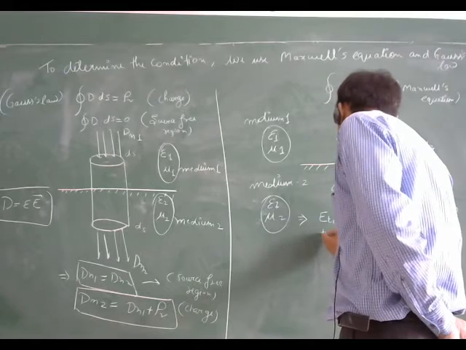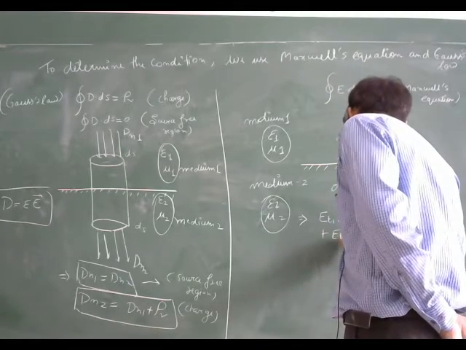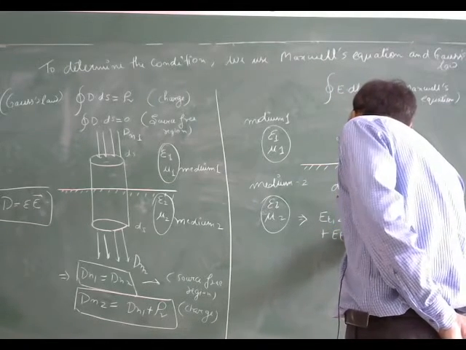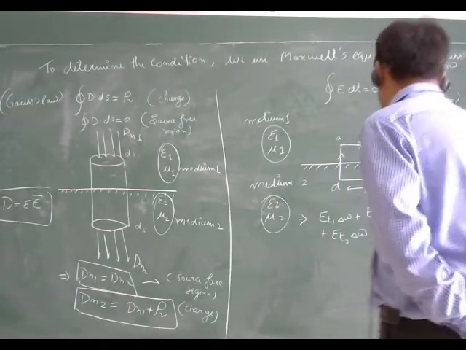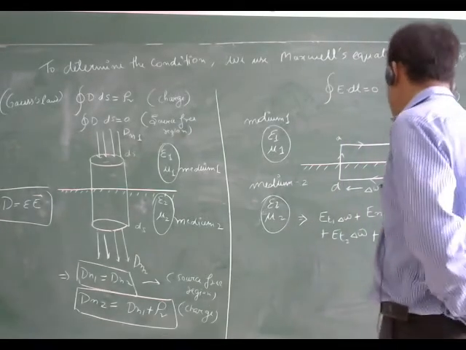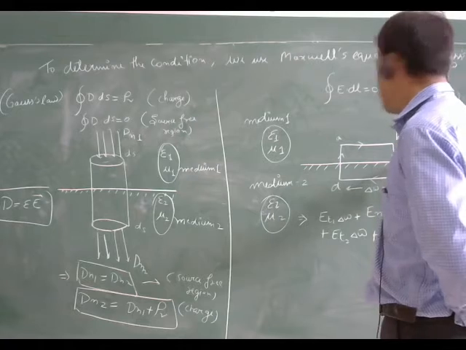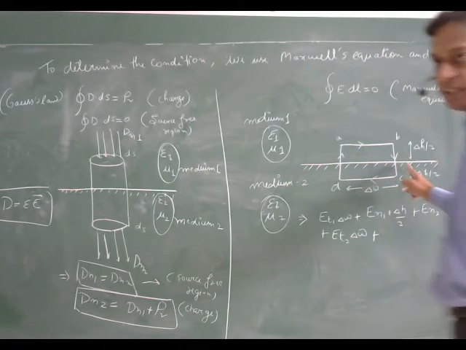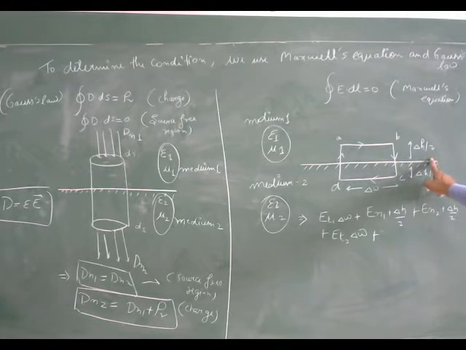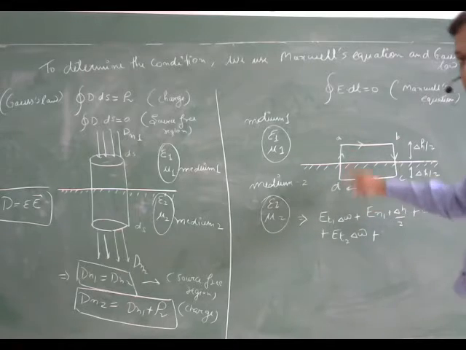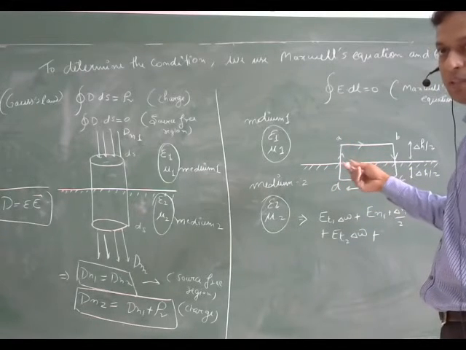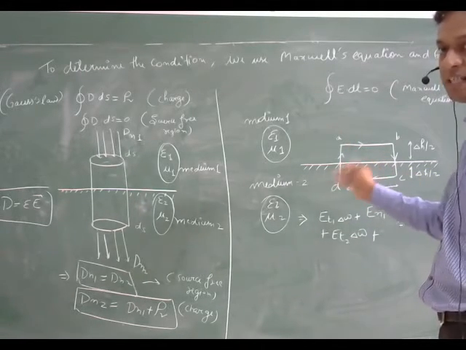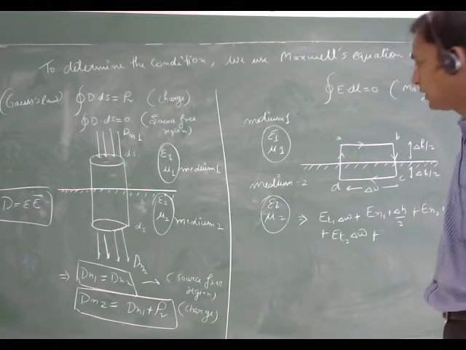So this will add Et2 del w plus, now this is opposite to the direction of the electric field which we have taken here. So the magnitude will be in opposite, so minus sign we have to put here.